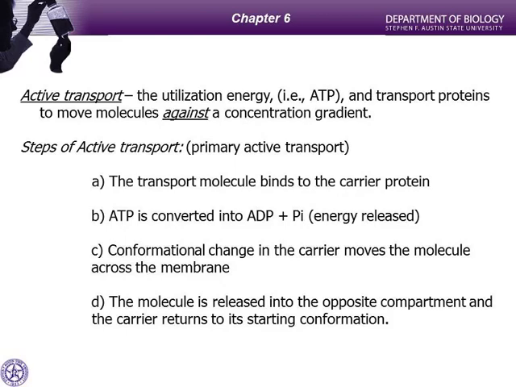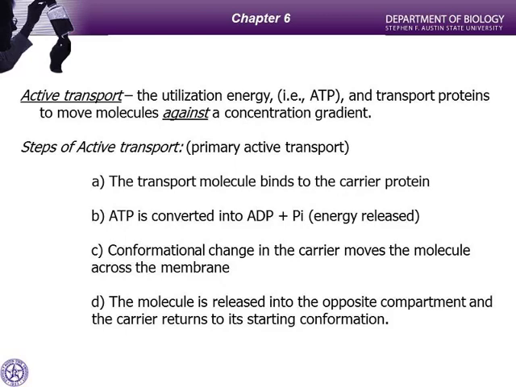The second thing that happens is that carrier protein is going to have the ability to bind with ATP and convert it into ADP and an inorganic phosphate. It releases the energy of that chemical bond. We say that that is ATPase activity. Anytime you hear ASE on the end of a word, that means it's enzymatic. So our carrier has ATPase ability, and it can release and capture that energy.